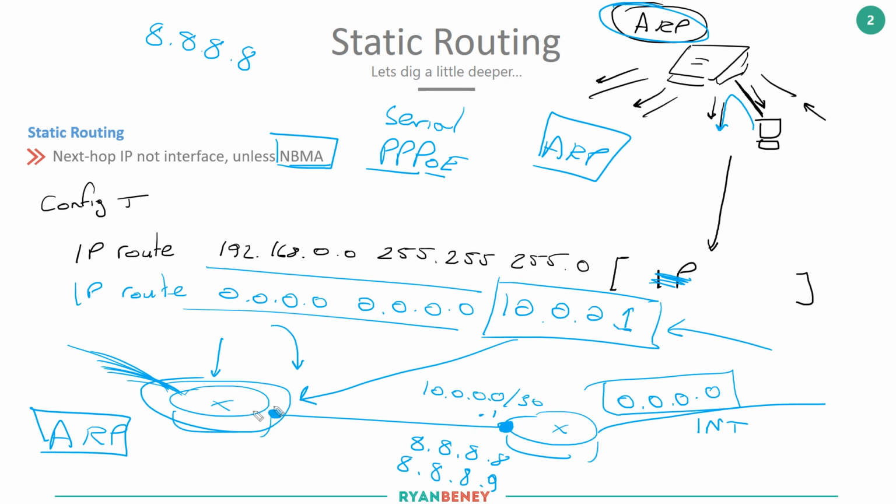Even though your routers are connected like this, if they're running Ethernet, this router or this router does not know that there's only one device. It doesn't know whether there's a switch in the middle, a hub, and whether there's 100 devices connected off it.